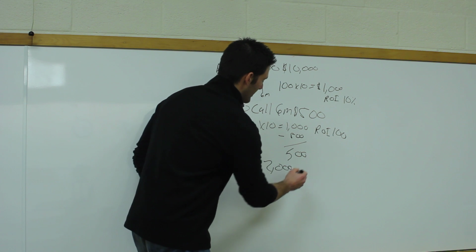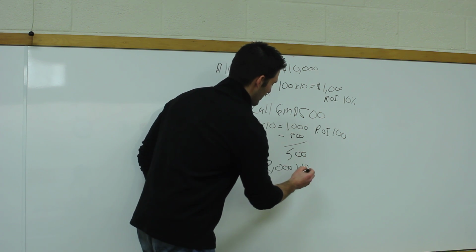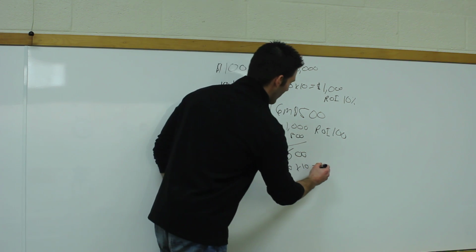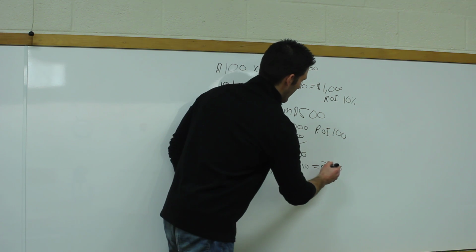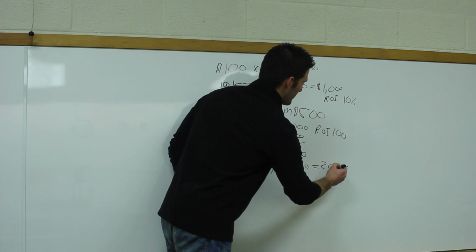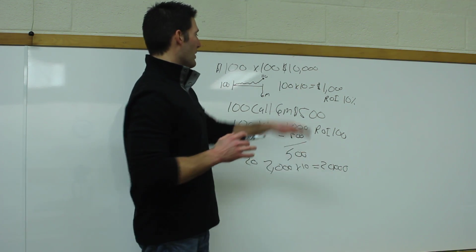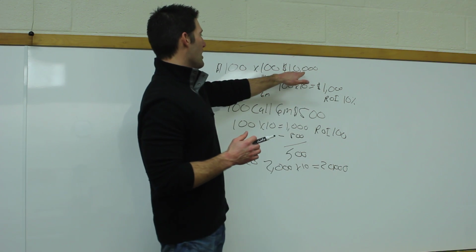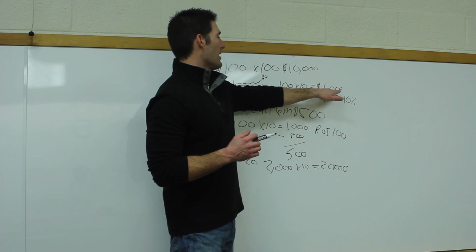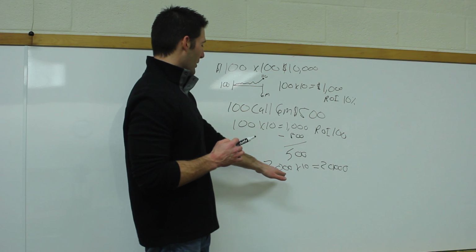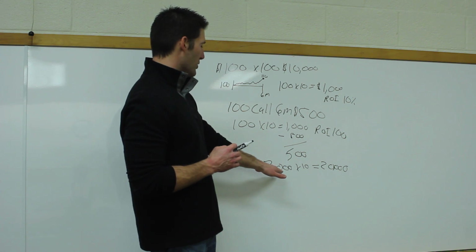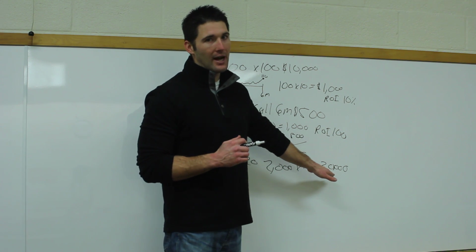Now, 20 option contracts controls how many shares of stock? 2,000 times the $10 per share is going to equal $20,000. So if we were to buy the shares of stock, it cost us $10,000, we make $1,000. If we were to buy the option, we would get 20 contracts, that's 2,000 shares, that's $20,000.